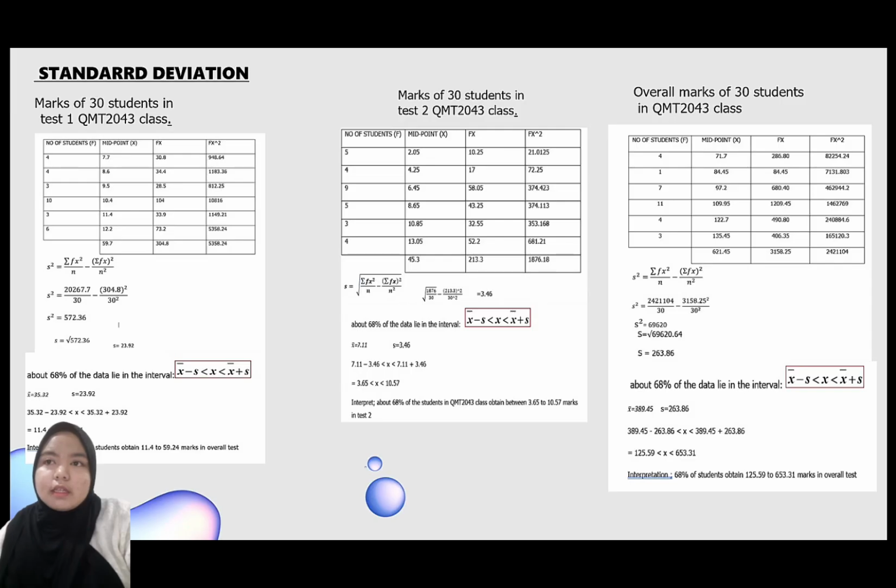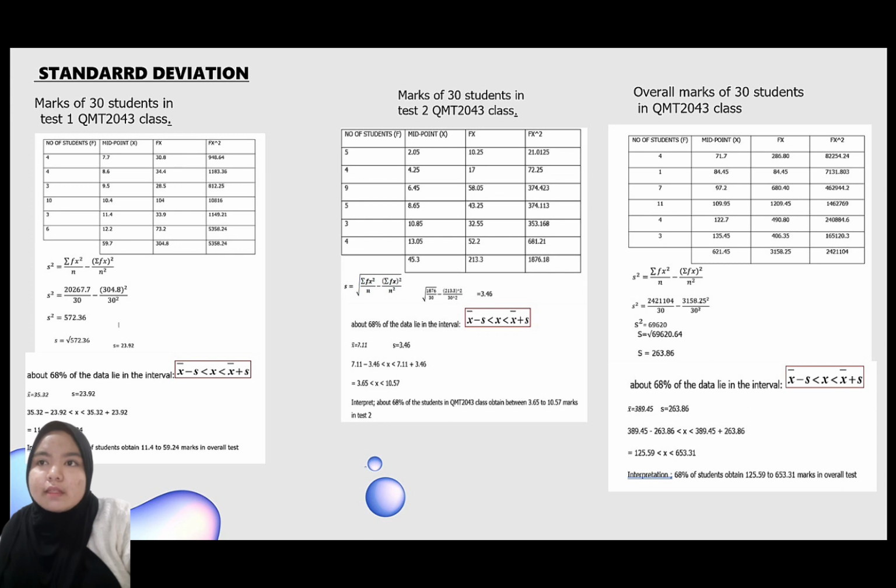For the standard deviation of the marks of 30 students in test 1 of the QMT 2043 class, the formula for standard deviation is S squared equals the total of fx squared per n minus (fx per n) squared.